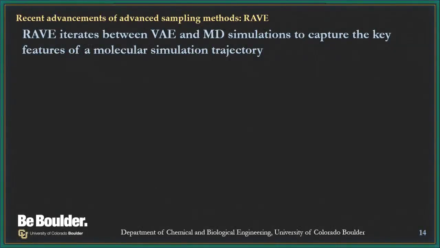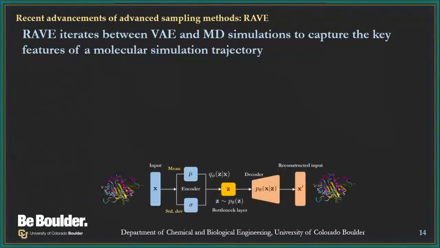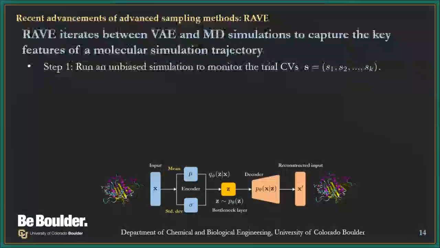Basically, the authors of this method chose VAE due to its aptness for learning reliable low-dimensional latent variable representations that can nonetheless capture the most important features in the original data. In RAVE, we start by running an unbiased MD simulation, monitoring our trial collective variables as a function of time.